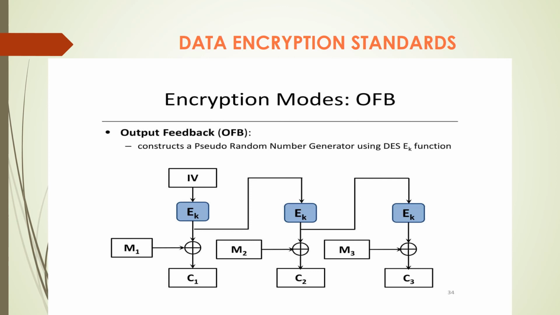Then the output from the second block encryption will be XORed with the plain text of block 2. Then the output will be the ciphertext of block 2. So this process will take place for all the blocks.